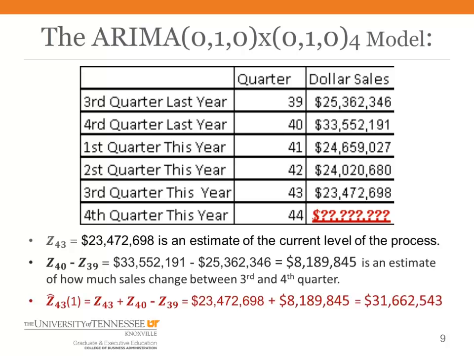It says to do that, take the observed value Z sub 43 and add to that the difference between Z40 and Z39, which were fourth quarter minus third quarter of last year. And that gives us our best guess of what fourth quarter sales will be this year.